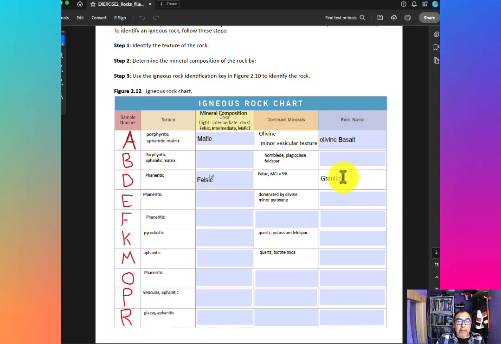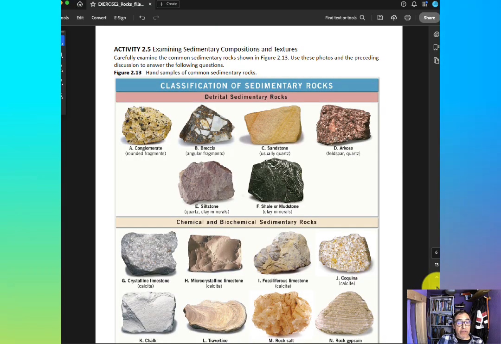Take a look at the samples, and then you can complete the identification, all the way to sample R there. All right, so now let's look at the sedimentary rocks. These pictures are very helpful to help you identify the samples, and they're available to you online there. For sedimentary rocks, remember there's two major groups.